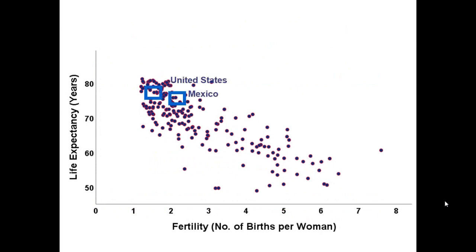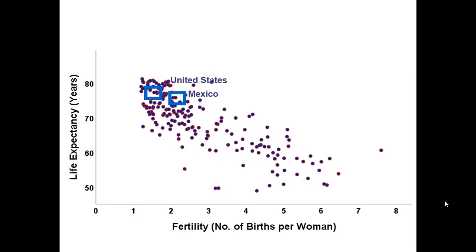Now, as an example, the United States and Mexico are both up on the upper left-hand side. They both have relatively low fertility, about 2 births per woman, and they have high life expectancy, 75 years or more.